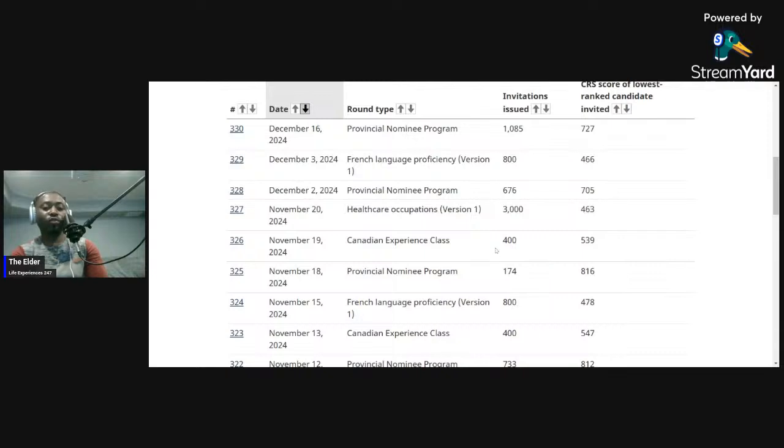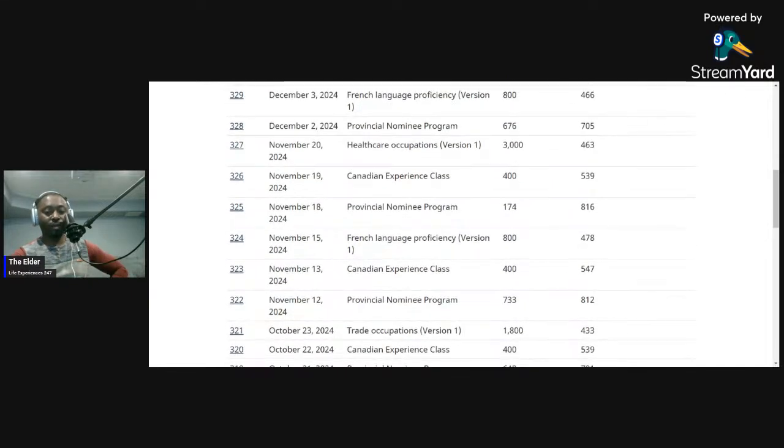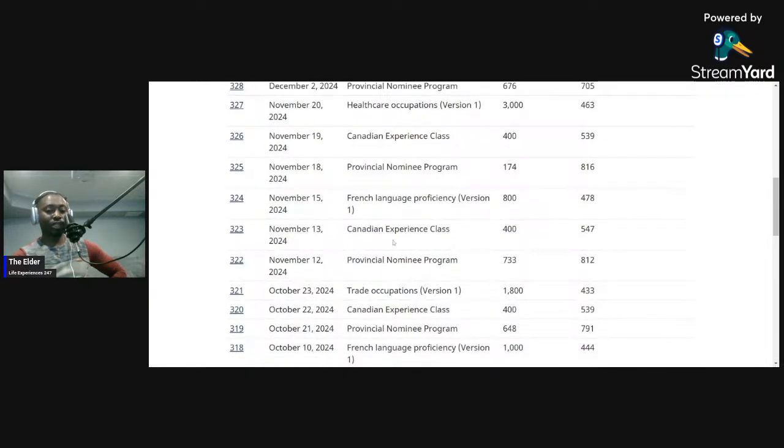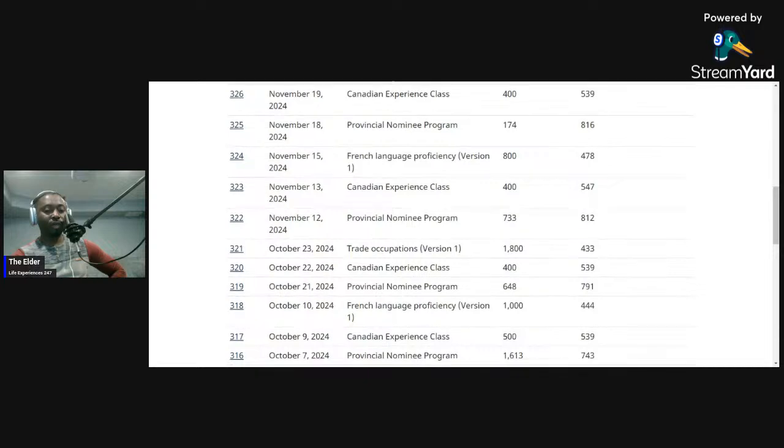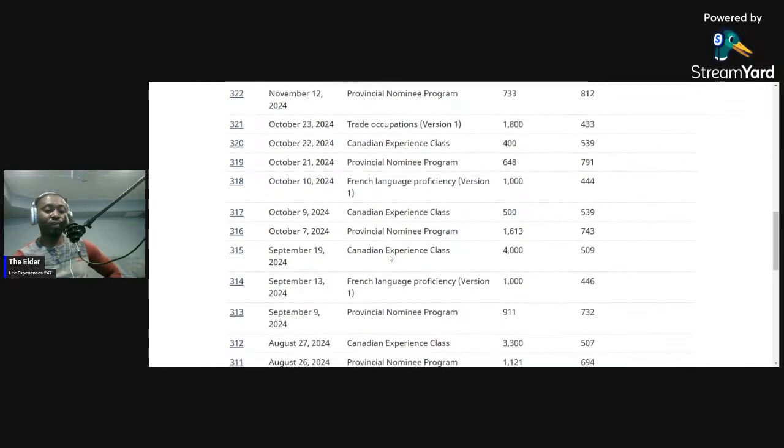So if you follow this, you realize the last one they had was provincial nominee, and I already explained that. But before that, they had French language proficiency, and then they had healthcare occupations, and then another French, and then trade occupations came in somewhere along the line, and French. So you realize for French language proficiency, they are having more and more draws for French speakers. And look at the points they have for French speakers.